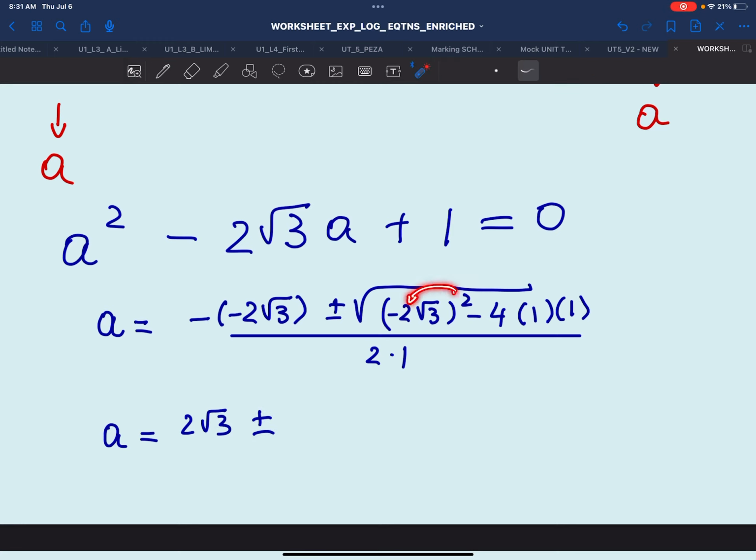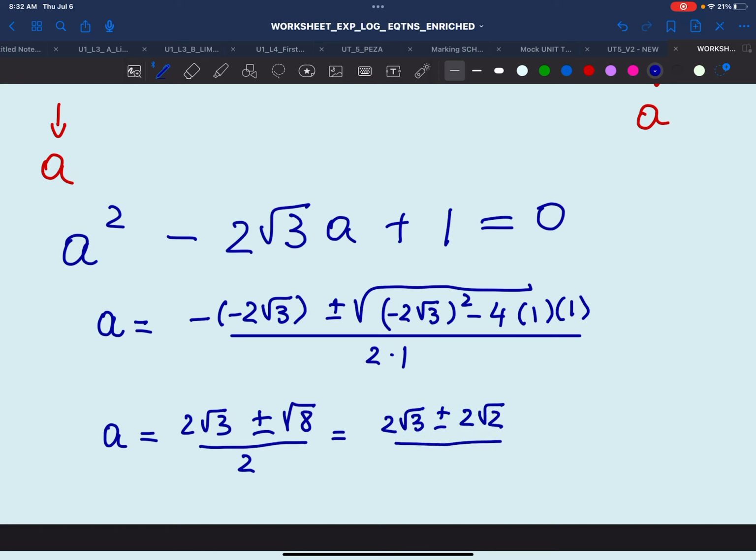So a equals 2 root 3 plus or minus, so let's take a look at this: power of 2, 4, root 3 squared is 3, 4 times 3 is 12, and 12 minus 4 is equal to 8. So we have the square root of 8 over 2. Keep simplifying, so we have 2 root 3 plus or minus 2 root 2 over 2.